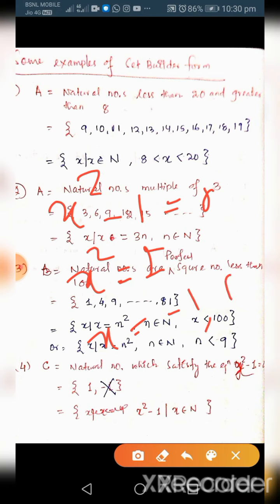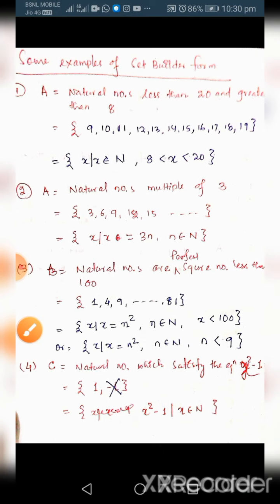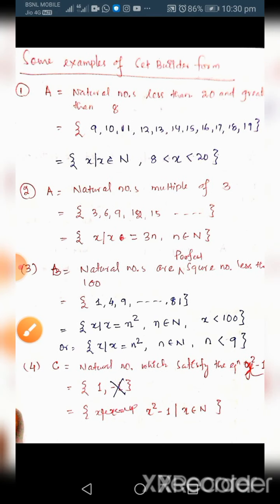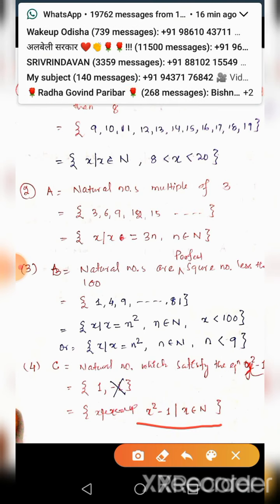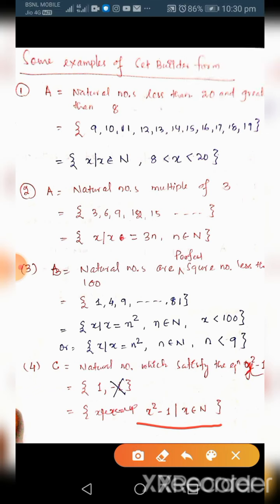But minus 1 does not belong to the natural numbers, so the answer is 1. You can write it in tabular form, but in set builder form you write it like that: x such that x square minus 1 equals 0, where x belongs to N. So this is all about set theory.